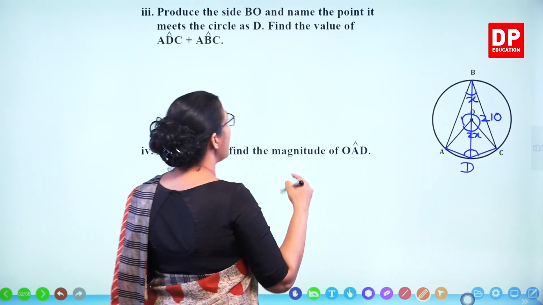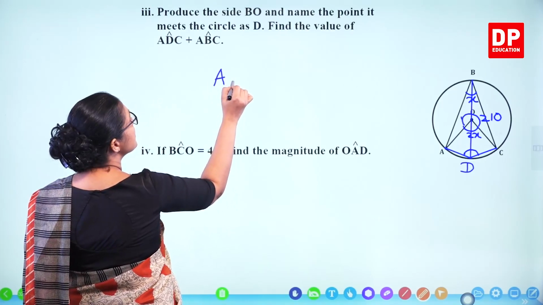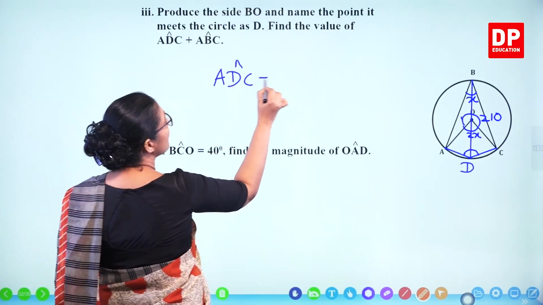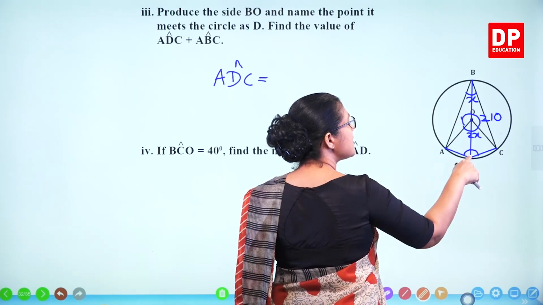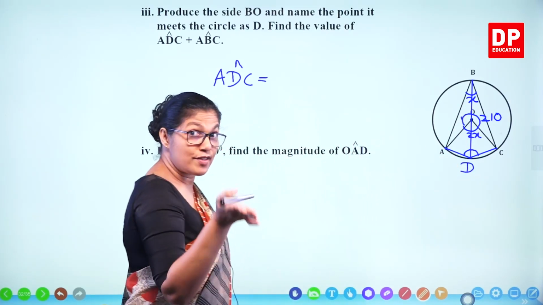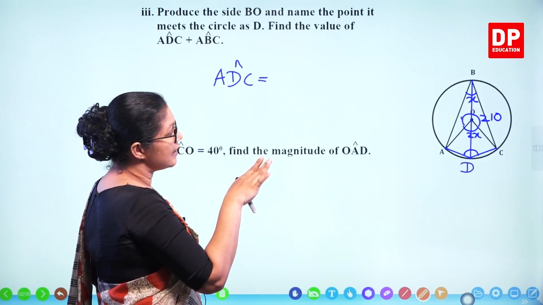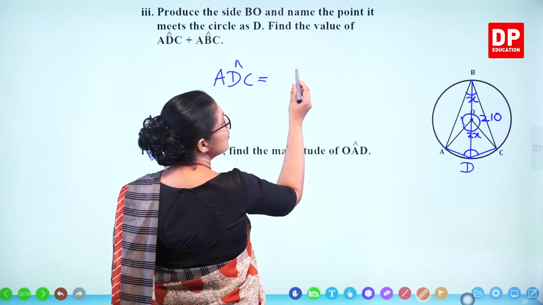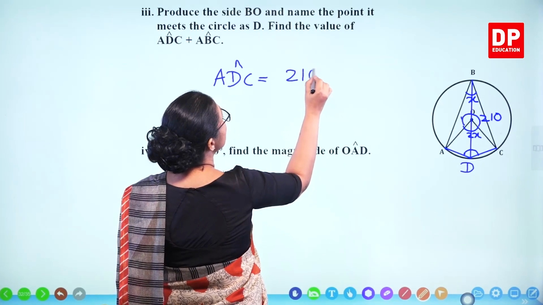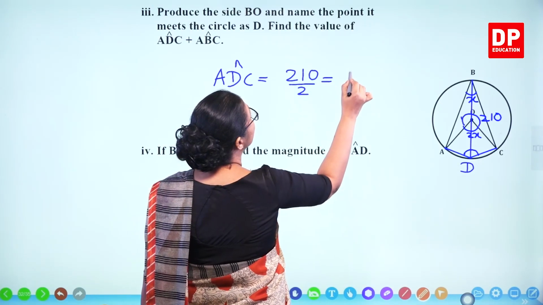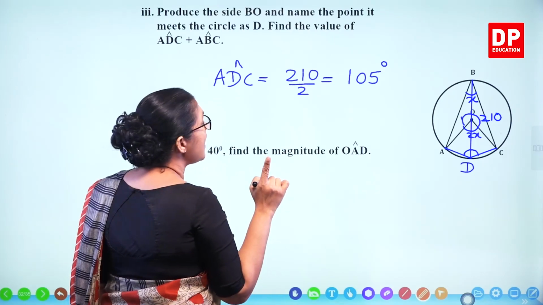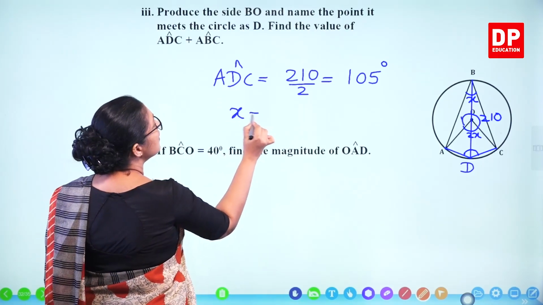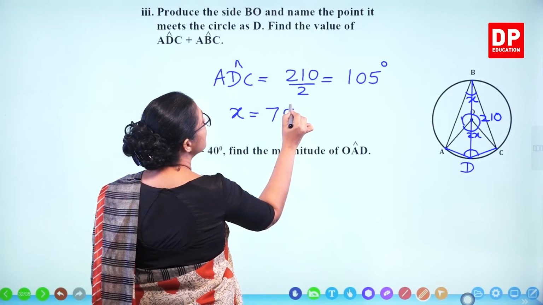What's ADC angle? Half of it. Because this is the angle subtended at the center, this is the angle subtended on the circumference when you take the reflex angle. So that's equal to 210 divided by 2, 105. What's X we found? X is 75.